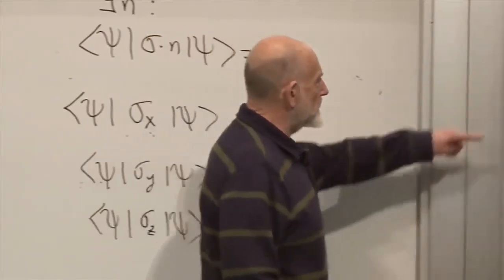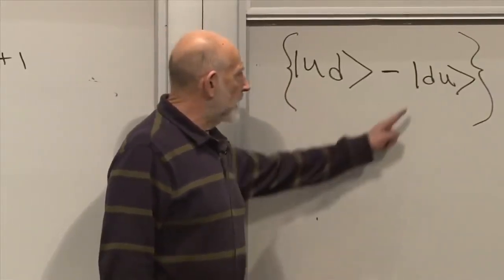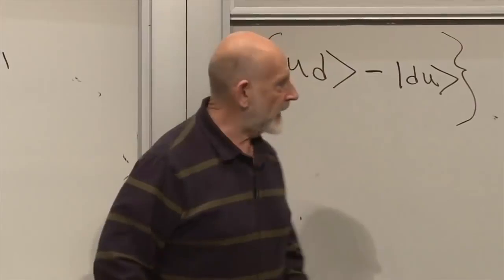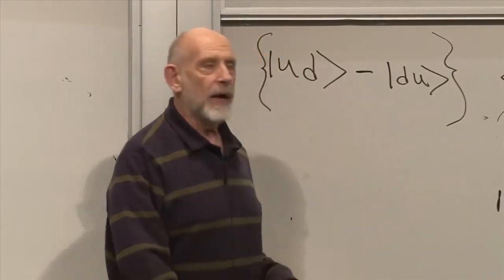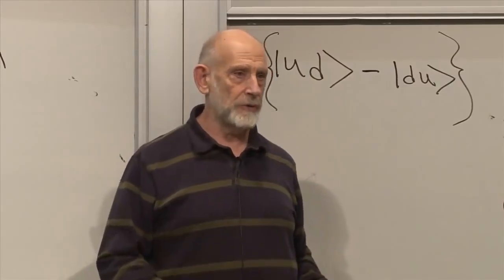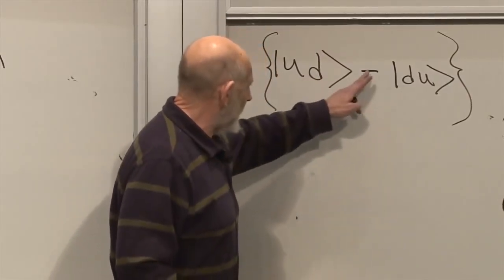Now, this is anti-aligned up-down, this is anti-aligned down-up, and in fact, this combination here has the lowest energy. It has less energy than up-down plus down-up.